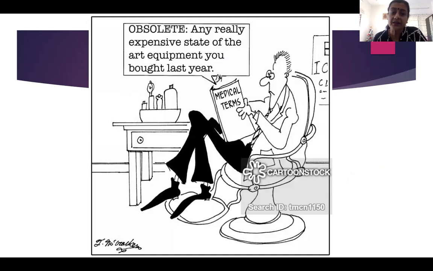So there is a term which means obsolete. This is just on the humorous side, that anything which you've done last year or a few months back, and which gets outdated and something new replaces it, then it becomes an obsolete term.